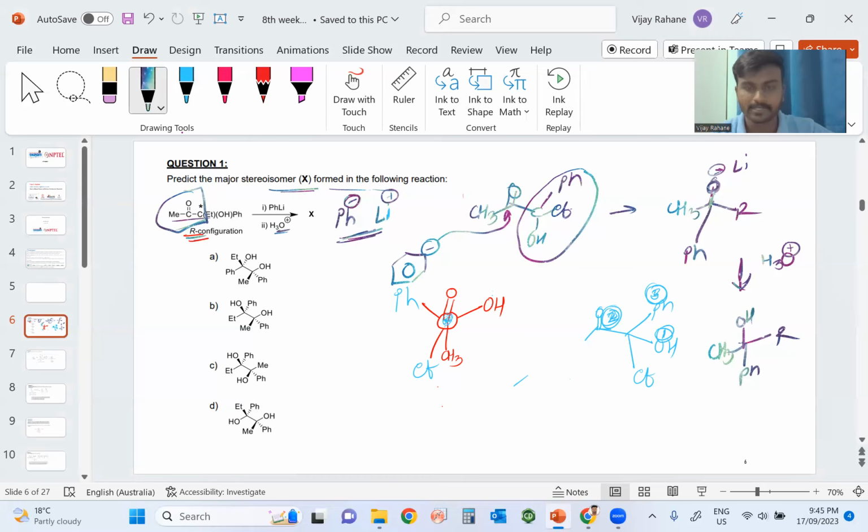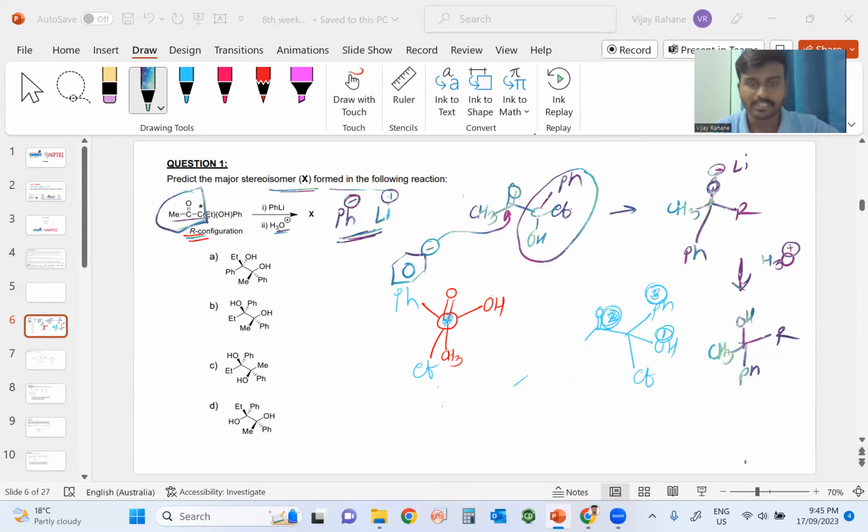So what I have done, I have just drawn this structure in this fashion. The last priority will be on the dash wedge. Here I have not drawn any wedge or any bond.